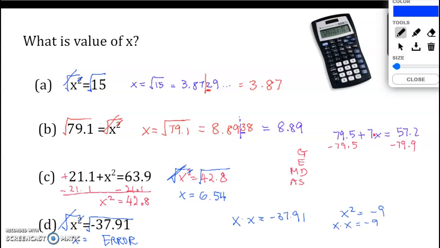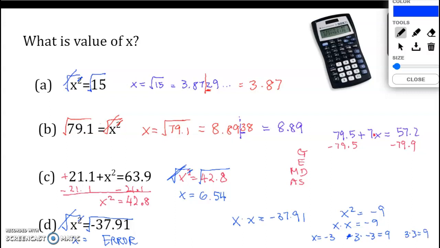Maybe some of you are thinking negative 3. If x is negative 3, x squared is negative 3 times negative 3. What's negative 3 times negative 3? That's positive 9. And what about 3 times 3? That is also positive 9.